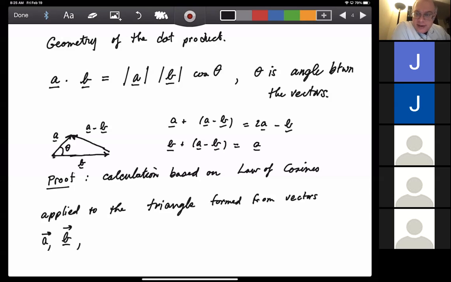Okay, so we saw a couple different responses here. It doesn't really matter in this context whether you think of the vector A minus B or B minus A. The main point is that you have a triangle. The law of cosines is going to use the lengths of the sides and this angle.